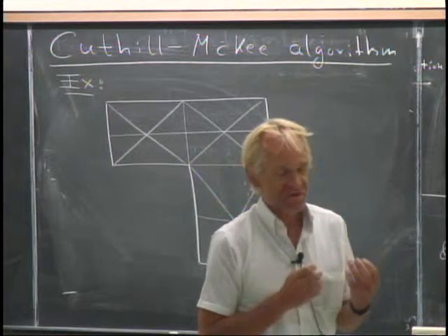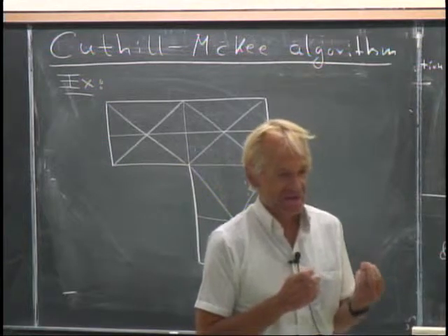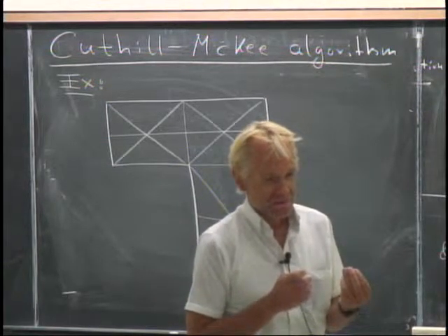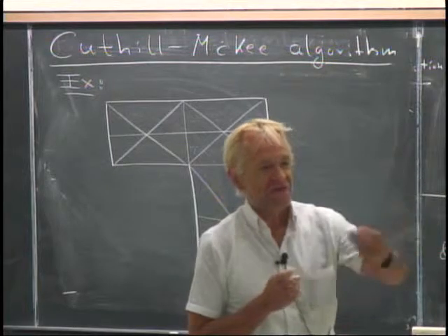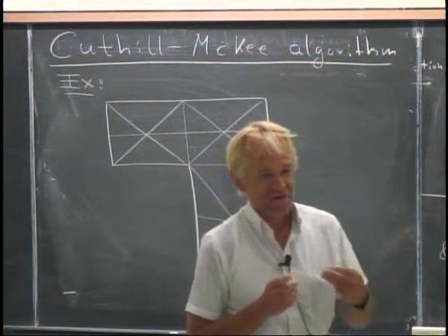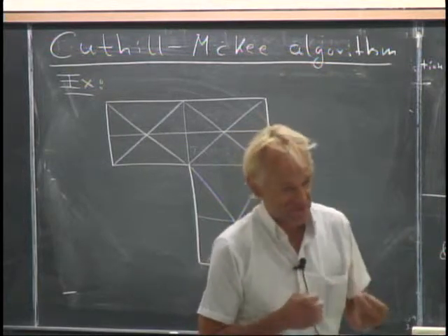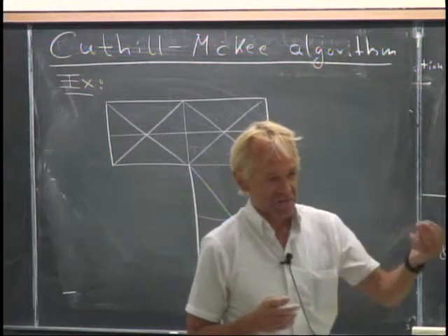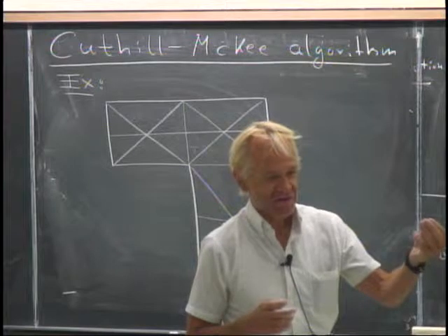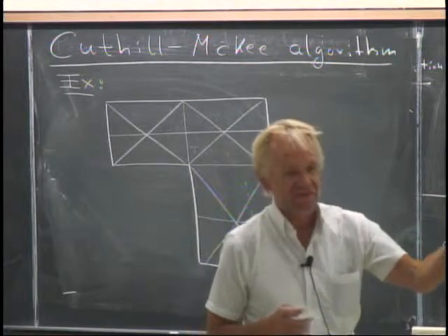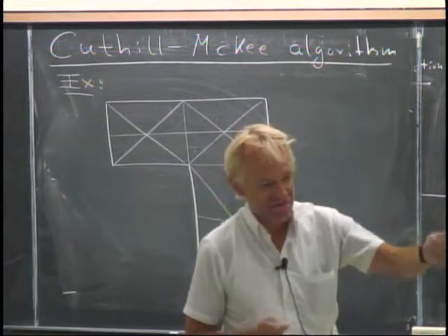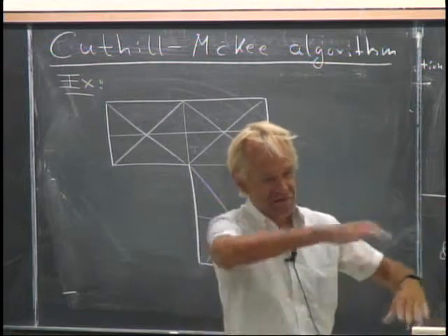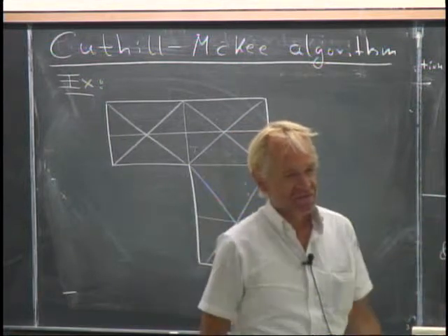Find a vertex that has minimal valence and call that point 0. Then look at all its neighbors and order all its neighbors according to valence. And then iterate on that paradigm. Go to the neighbor that has minimal valence and look at its neighbors and order them according to their valence. So you go in this shell-like evolutionary process.